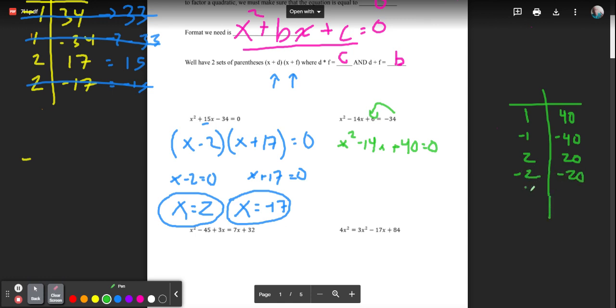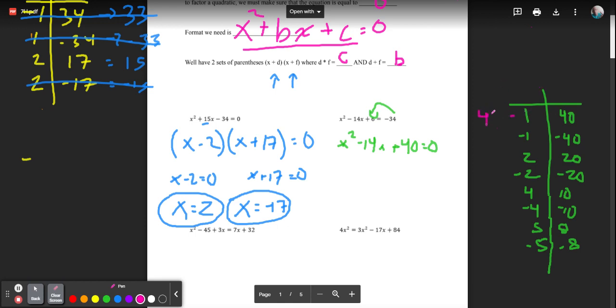We could have 4 and 10, negative 4, negative 10, 5 and 8, negative 5 and negative 8. And I believe these are all the pairs of numbers that multiply to 40. Yeah. Okay.